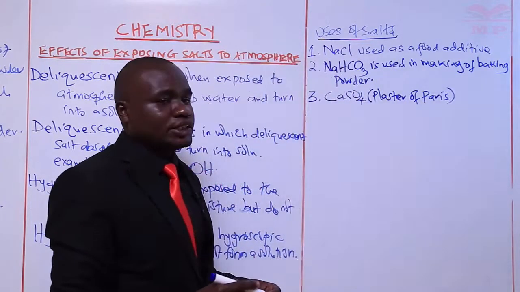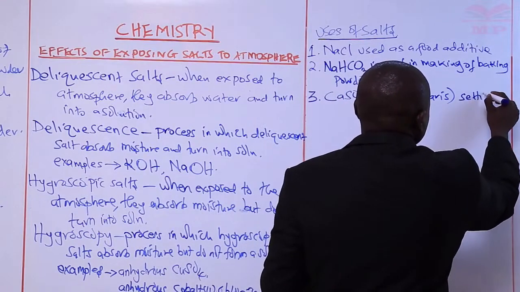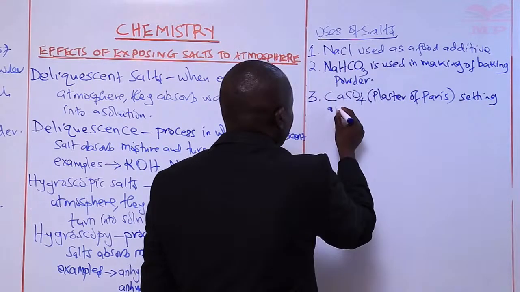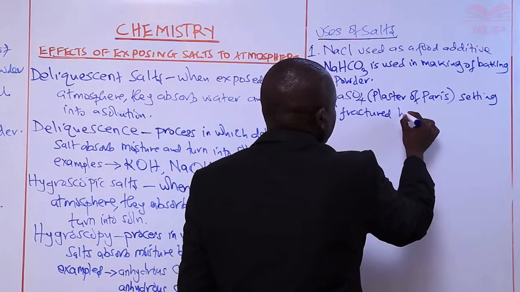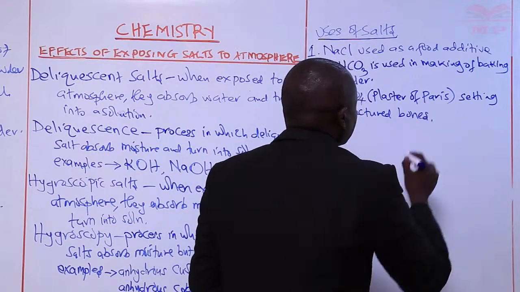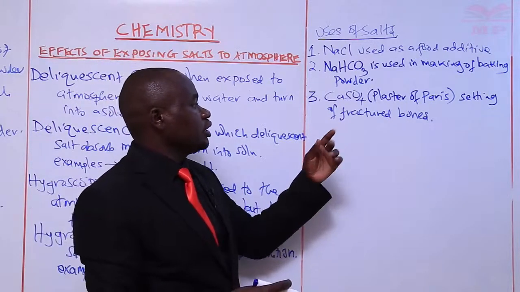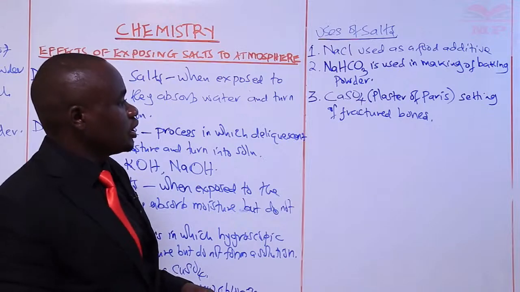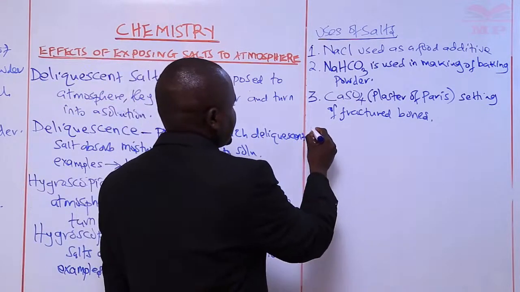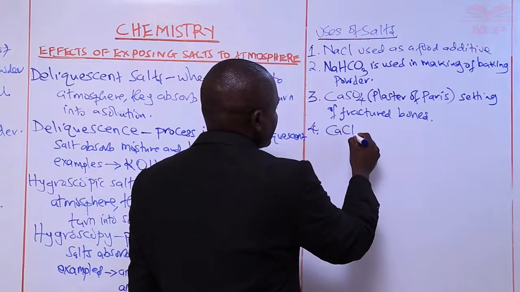So calcium sulfate is used in setting of fractured bones. When somebody is injured, maybe the arm or the leg, they use calcium sulfate, which is also called plaster of Paris.